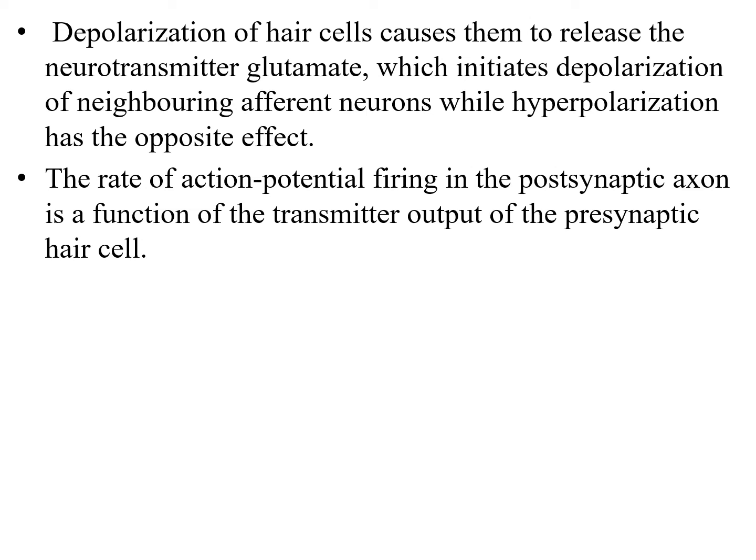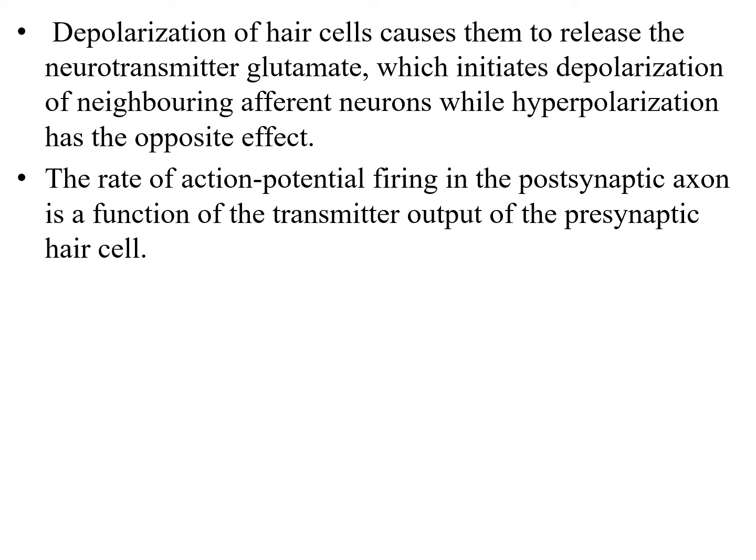Or in other words, the movement of the stereocilia, the shorter one towards the taller one and the taller one towards the shorter one, determines whether the hair cells are depolarized or hyperpolarized. When it is depolarized, it will release neurotransmitter.